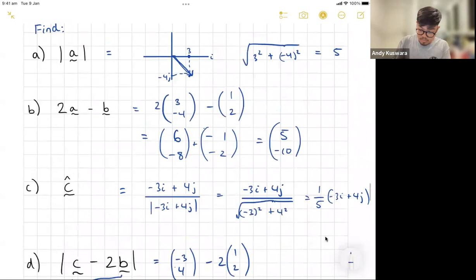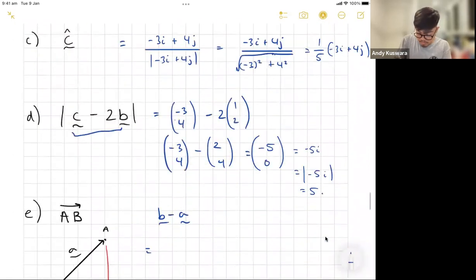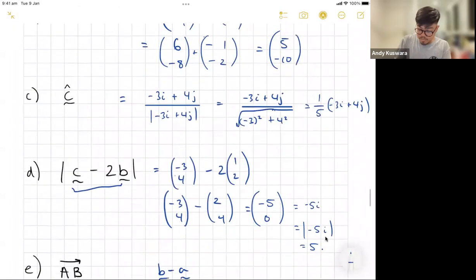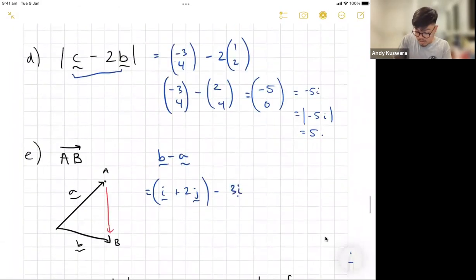So b is i plus 2j. Right, and then I'm going to take away a, which is going to be 3i minus 4j, and bracket everything so you remember what is minus with what.